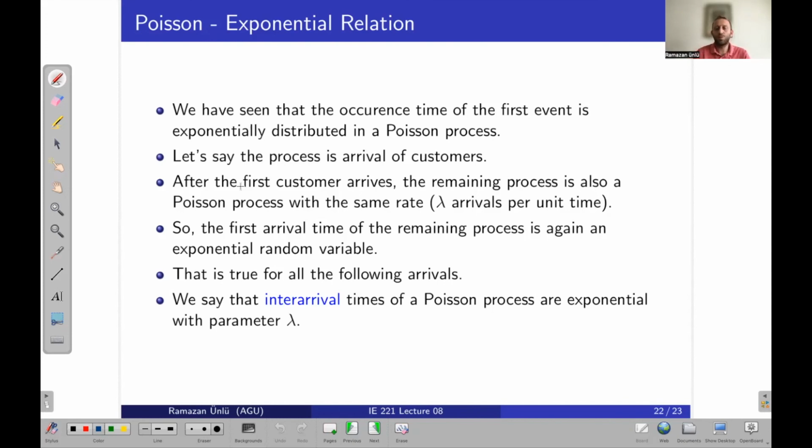And that is true for all the following arrivals, okay? We say that the inter-arrival times of the Poisson process are exponential with the parameter lambda. The process itself is Poisson, and the inter-arrival times, which means the first arrival, the second arrival, the third arrival, are exponentially distributed with the parameter lambda.